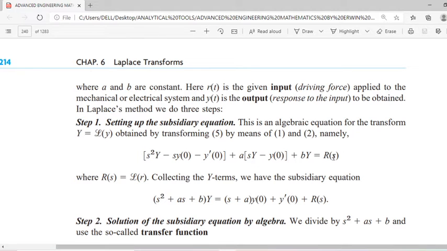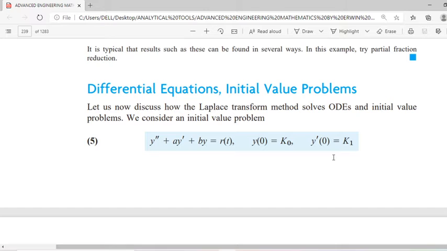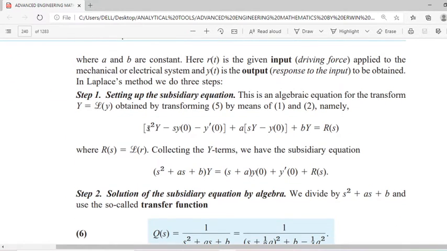This is equal to R of s. R of s is nothing but the Laplace transformation of small r of t. So this is the formula after applying the Laplace transformation operator.